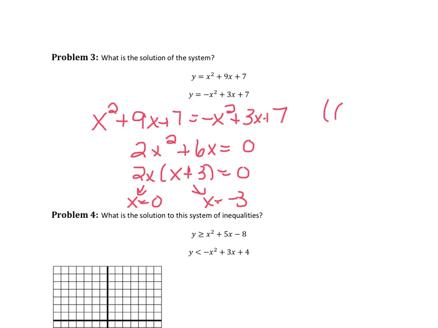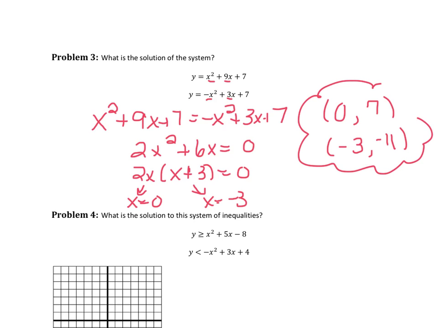And then again, I'm going to use those as my x coordinates and I'm going to plug 0 into this first equation, and that gets 7, and even if I plugged 0 into the next one, you're going to get 7 also. And then I can plug negative 3 in for x, and when you clean it all up, you're going to get the ordered pair negative 3, negative 11. So these two parabolas intersect at 2 points.